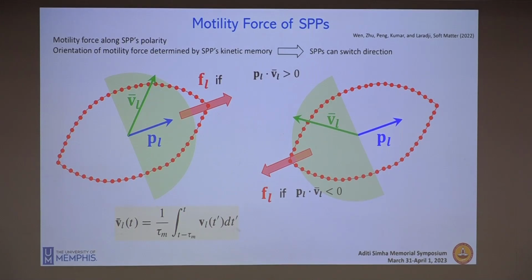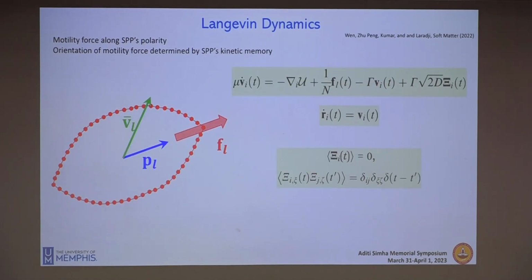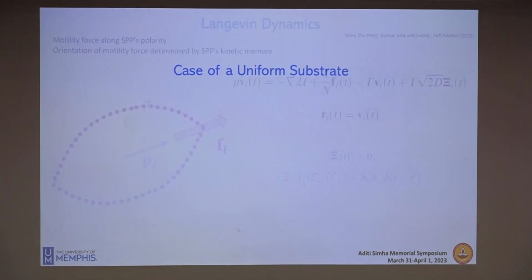So there is a memory time, tau m, and this model allows for switching of the direction of the cells. Then the equations are solved as usual using molecular dynamics with a Langevin thermostat with a driving force and some thermal noise added to the equations.